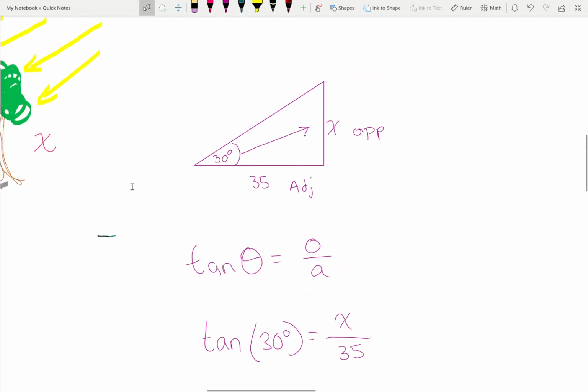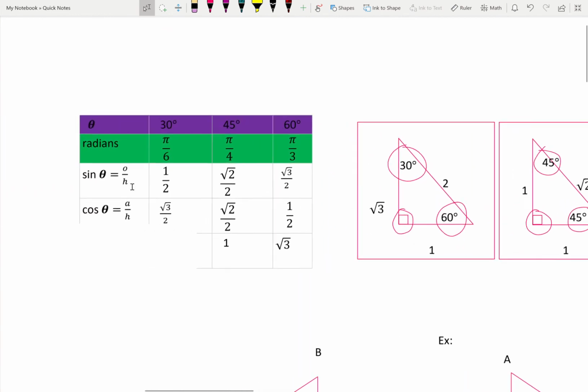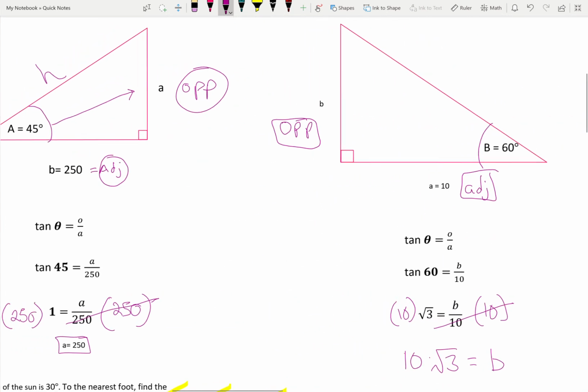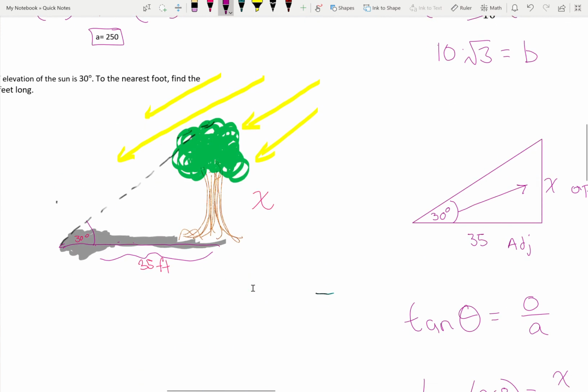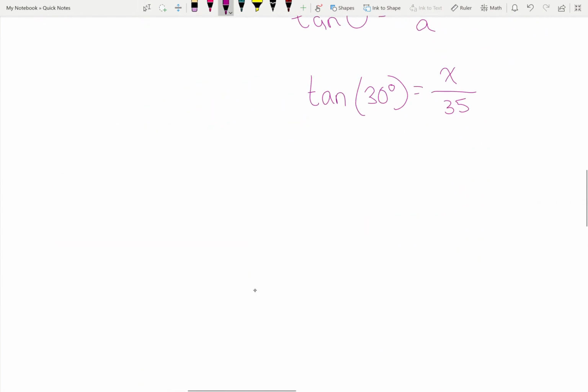Well, before we even multiply, we know what tan 30 is. Tangent of 30 degrees is square root of 3 over 3. So I come back down here, square root of 3 over 3 is equal to x divided by 35. My computer's breaking.